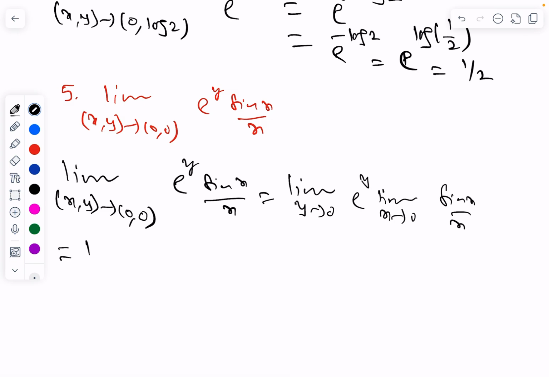So this is e power 0, which is 1, and the standard limit is 1. So the answer is 1.